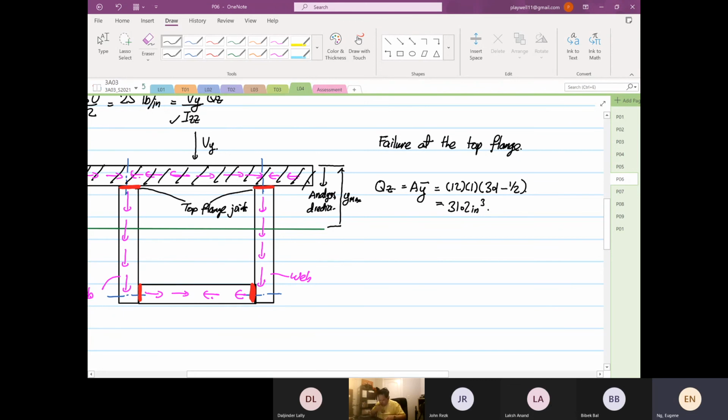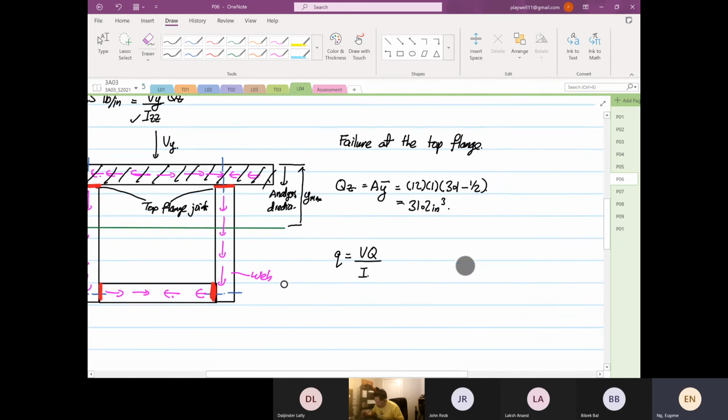Right, so we want to find our q, which is equal to VQ over I. So we found our q is 25.